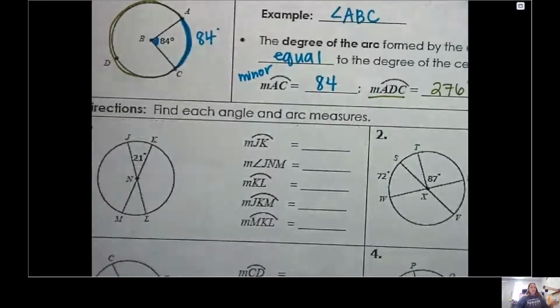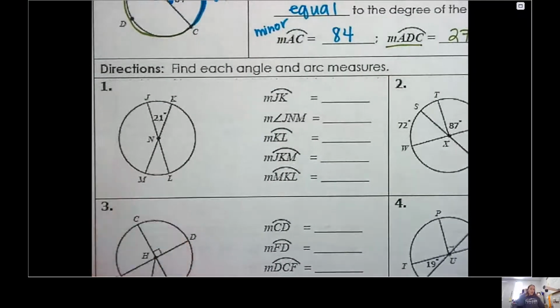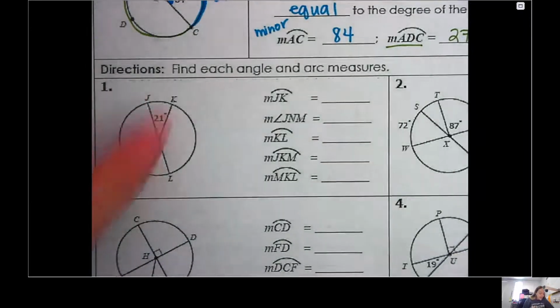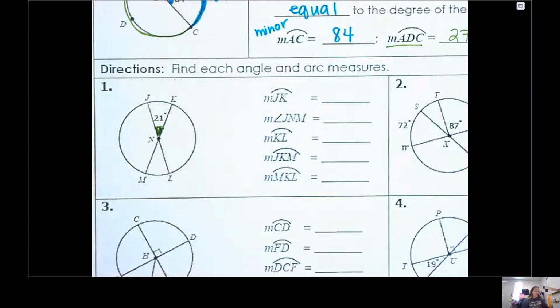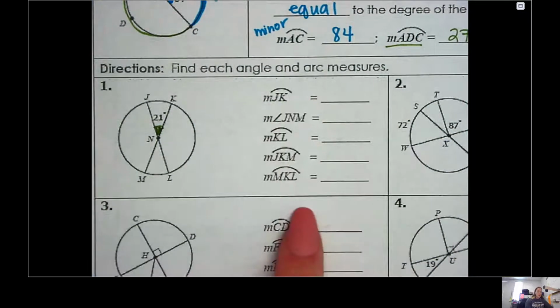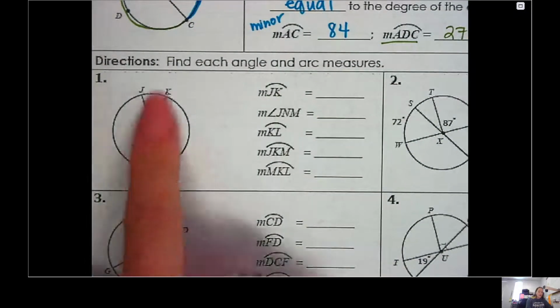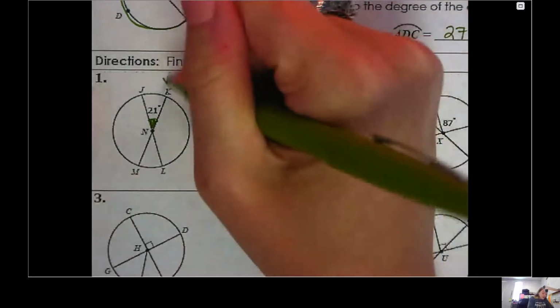We're not going to do all these examples, but let's practice finding the angles and the arc measures. In number 1, we see that angle JNK is 21 degrees. I'm going to mark everything I know in the picture first, and then answer the questions. These two angles are directly across from each other and make an X, so they are vertical angles.